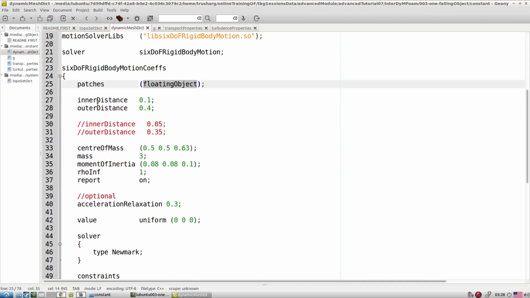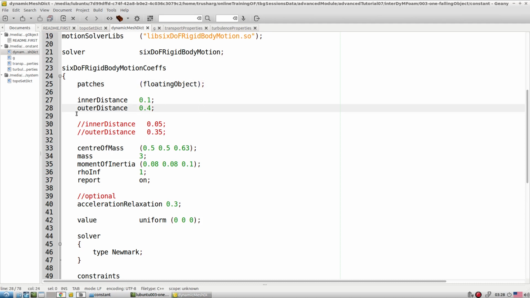Then the inner distance and the outer distance are very important. Whatever is within the inner distance behaves like a solid object, and it tries to move ultimately based on this particular object along with that.